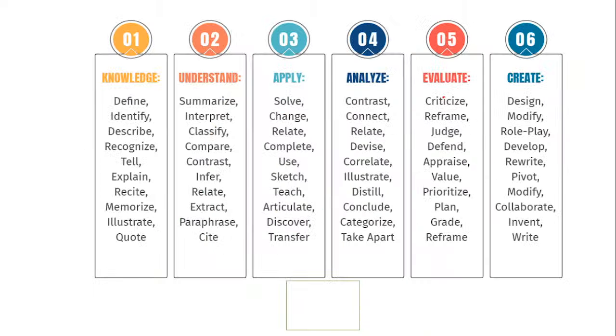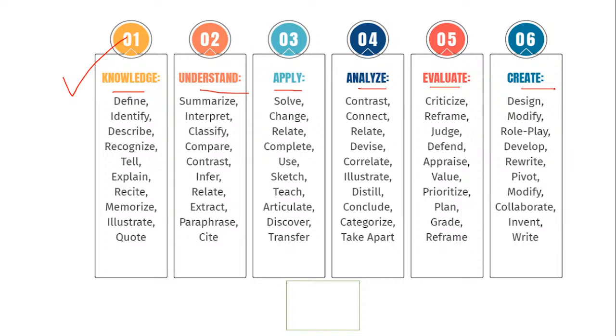Now it is also seen that there are certain verb forms, command verbs. I made you learn this in the last cycle also, but there can be certain questions on these terms. When we talk about knowledge, understanding, application, analysis, evaluation, or creation, there are command verbs.